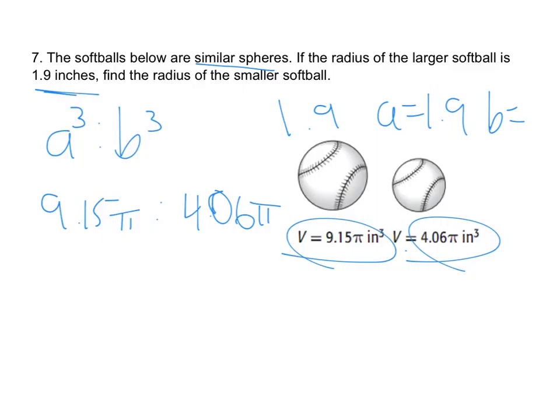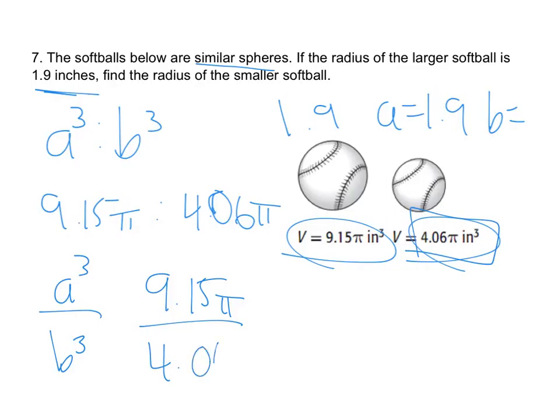You can always take this and figure out what the radius is, and that'll help you with your comparison. Or you can realize that this is just A cubed over B cubed. So 9.15 pi over 4.06 pi, cancel the pi, and it ends up being just the cube root of that.